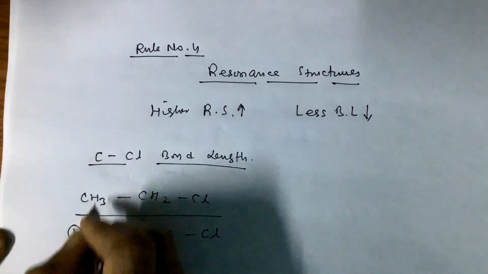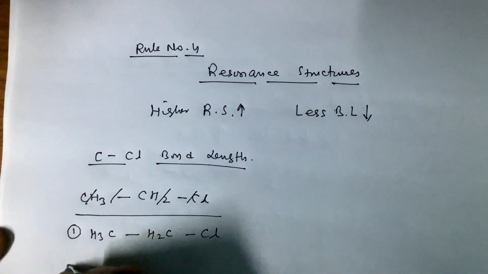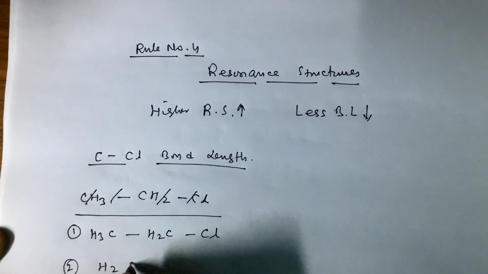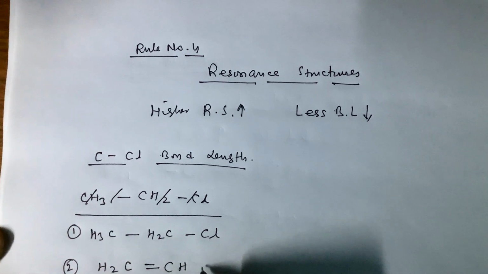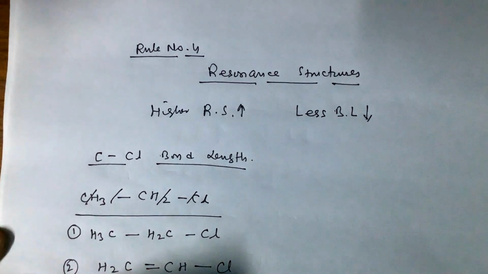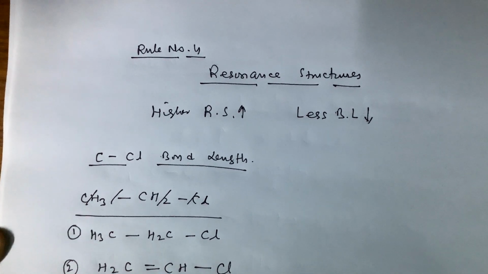This is the first molecule, the second molecule is H2C=CH-Cl, and the third is chlorobenzene.